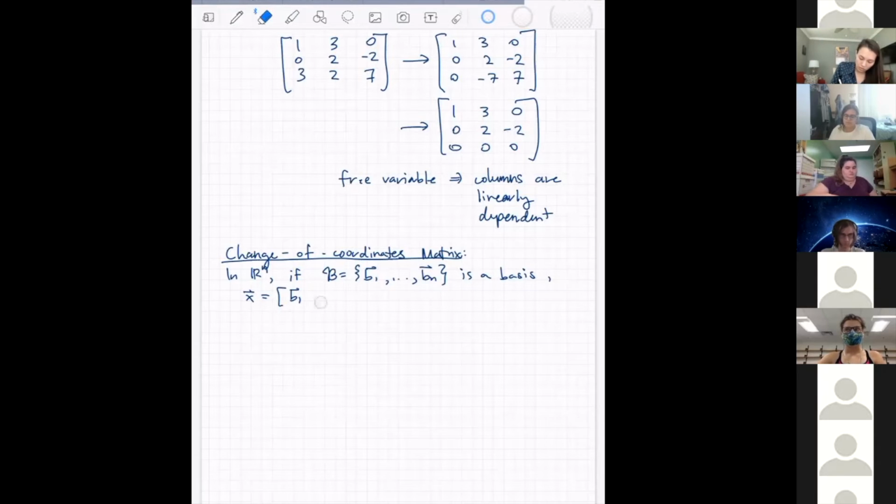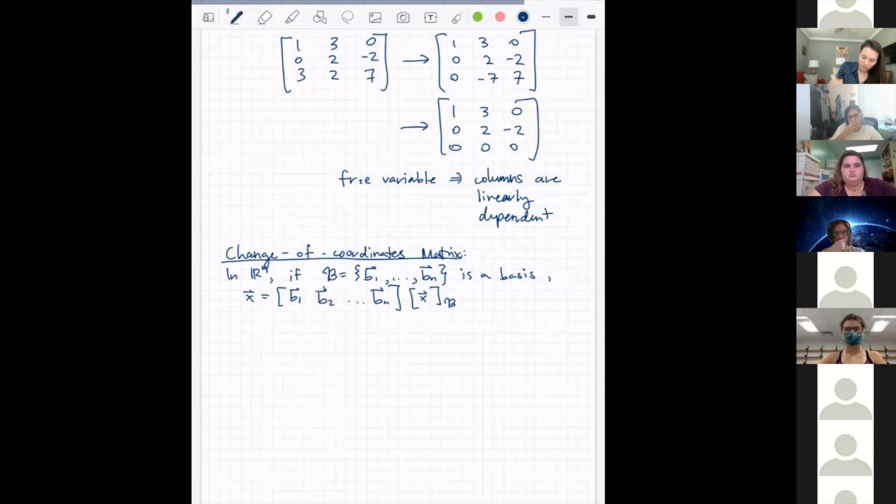Then the original vector X will be equal to that matrix times the vector X in the B coordinates, the B coordinate vector of X.